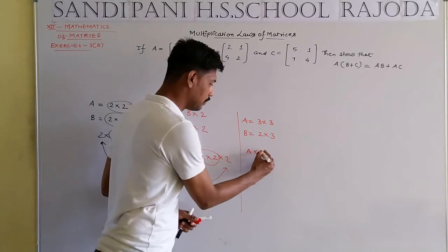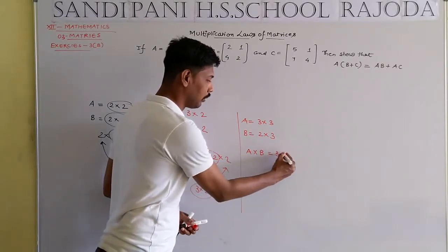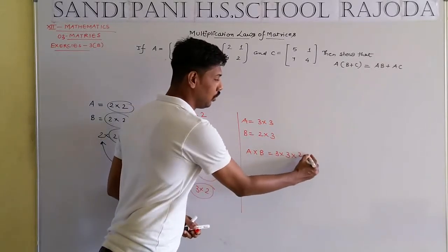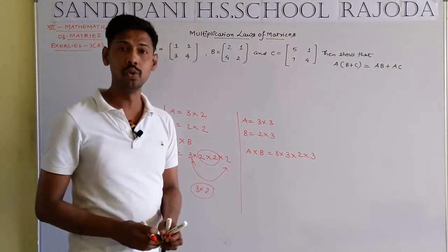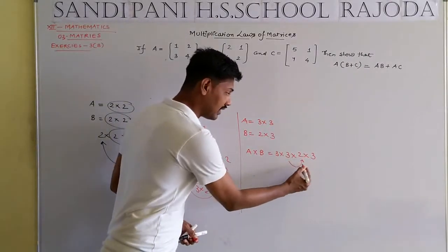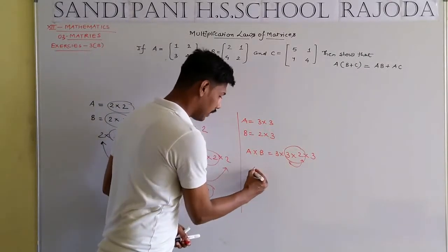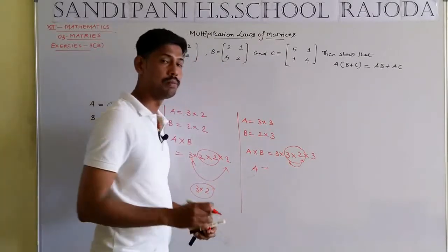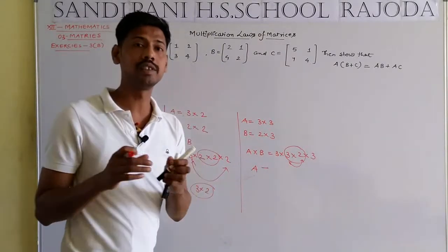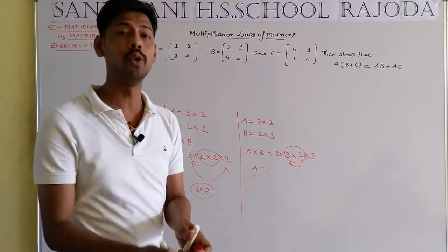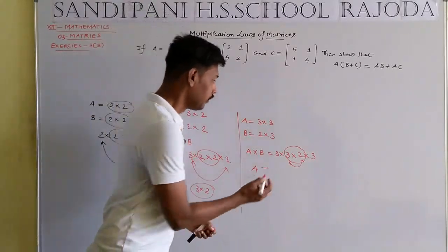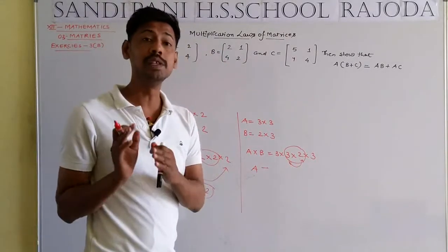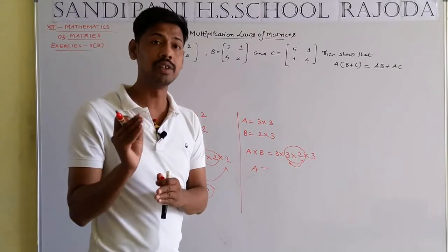Are the middle numbers the same? No. So multiplication between matrices A and B is not allowed. I repeat, if the middle numbers are always the same, then multiplication is allowed.